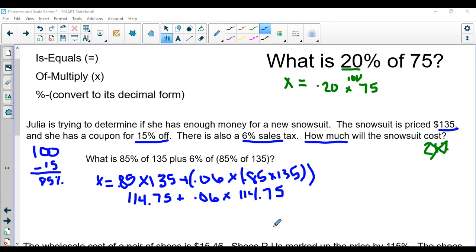So now I'm going to take 0.06 times that 114.75, and that gives me 6.885. And when I add those together, I get $121.64.